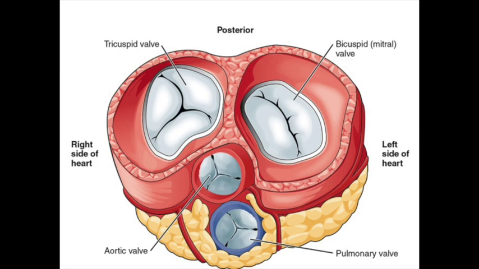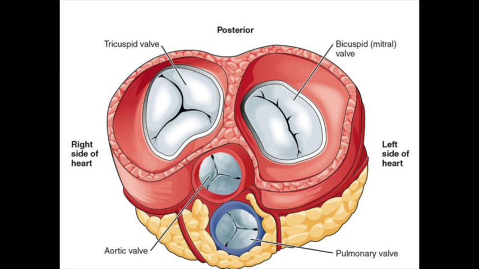As you can notice, on the right side we have the tricuspid valve, which has three cusps, and on the left side we have the bicuspid valve or the mitral valve, which has two cusps.